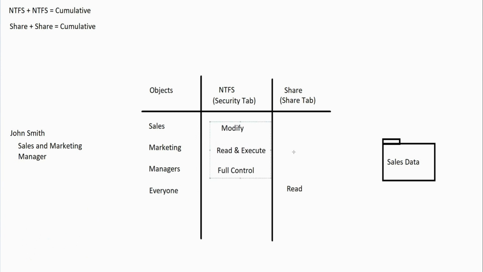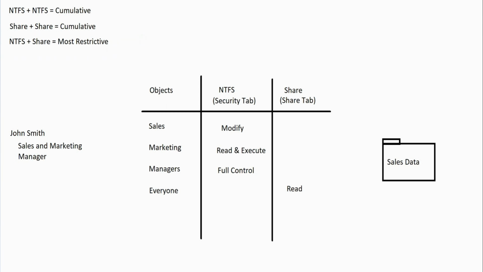All right, so here's the NTFS permissions. So the problem you run into here is whenever you combine the permissions together, in other words, NTFS plus share, when they conflict, it's the most restrictive that will apply. The most restrictive that will apply is what you want to consider there.